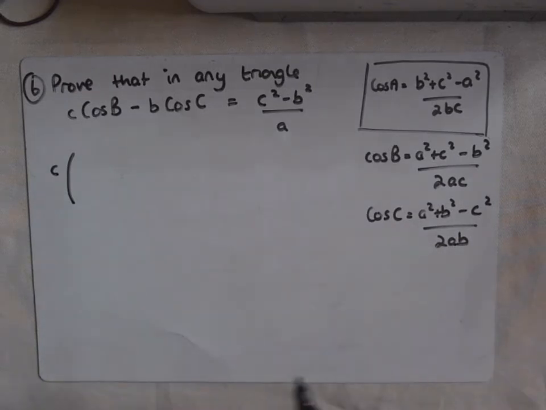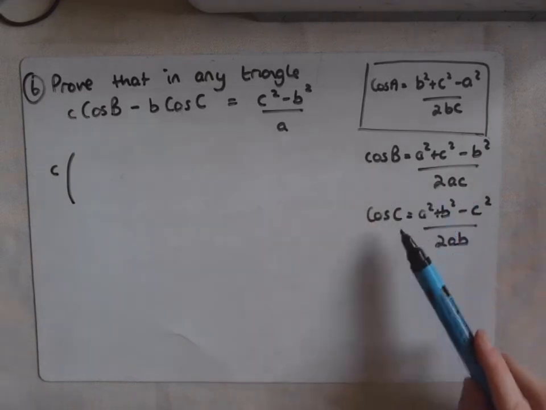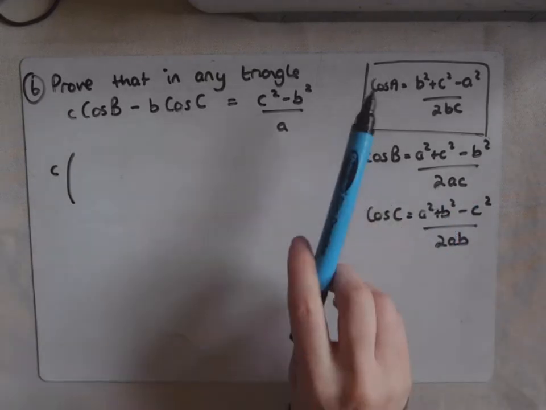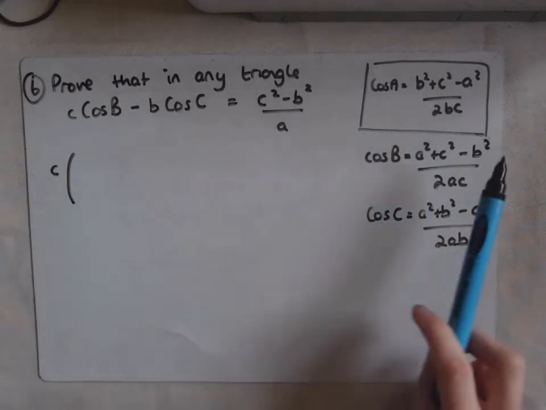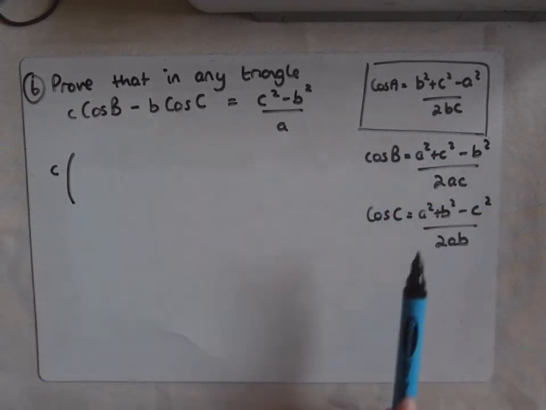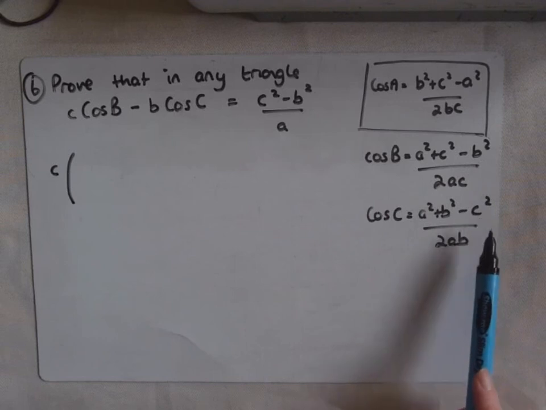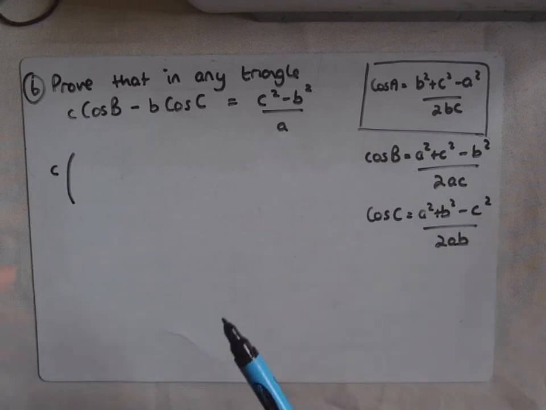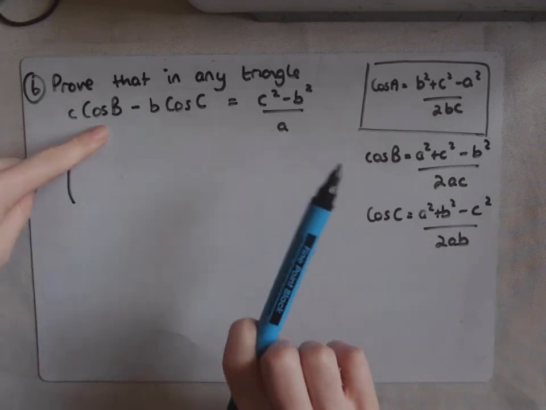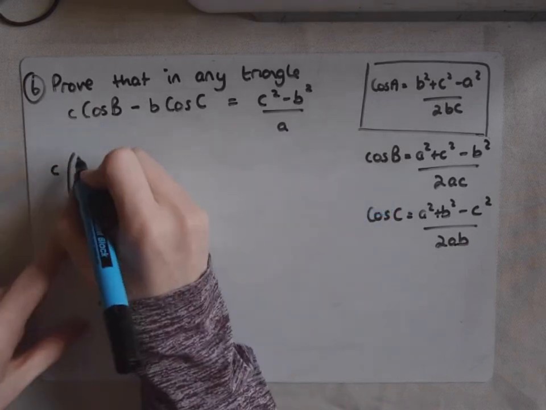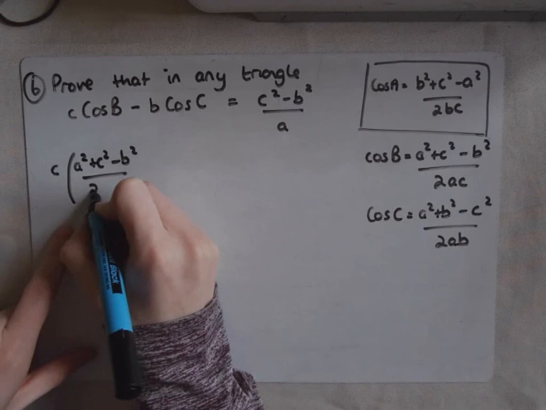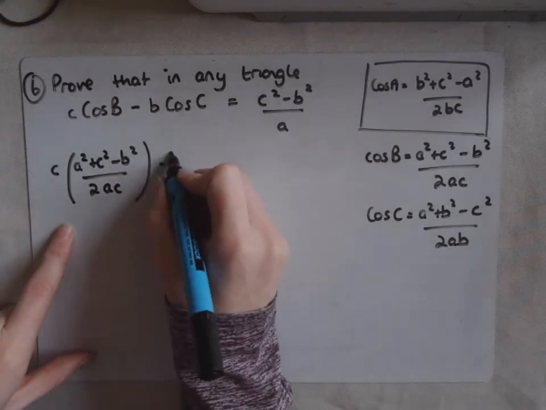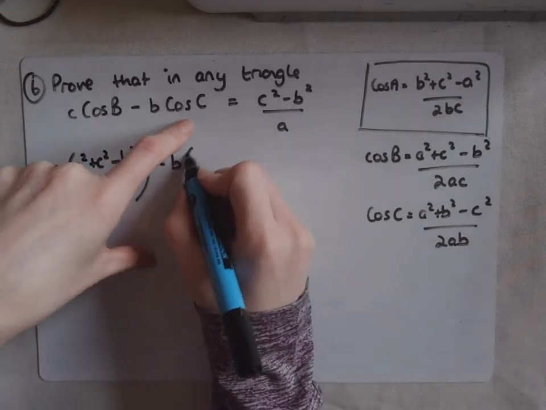Is that okay? So I'm just using different letters depending on what angle I want. Capital A, you're taking away the small a and you've no a underneath. Capital B, you're taking away small b, you've no b underneath. Same, capital C, taking away small c, no c underneath. So instead of cos B here, I'm putting in this, and instead of cos C, I'm putting in this.